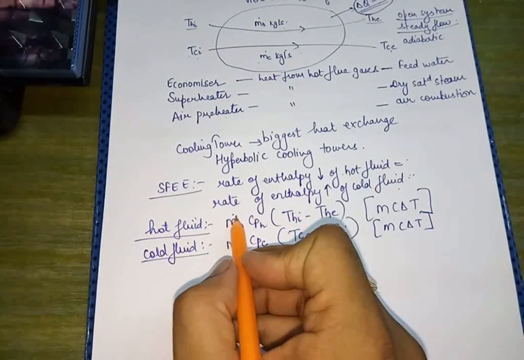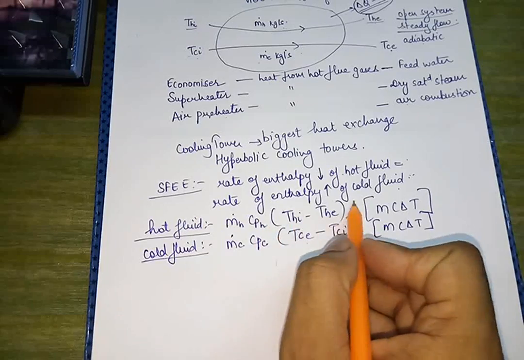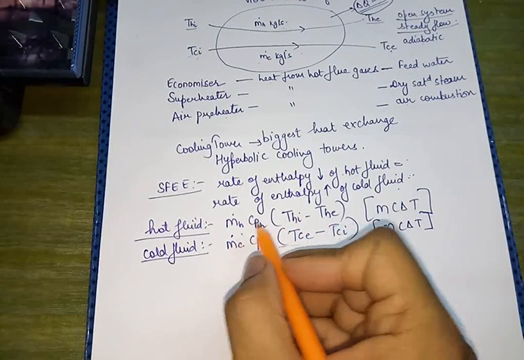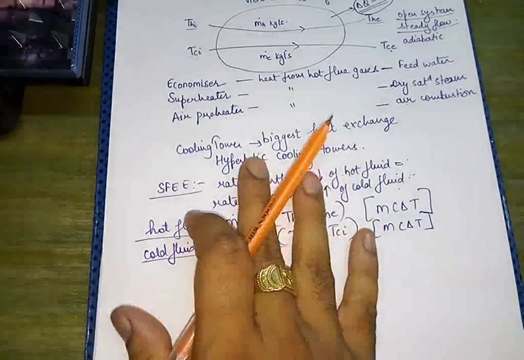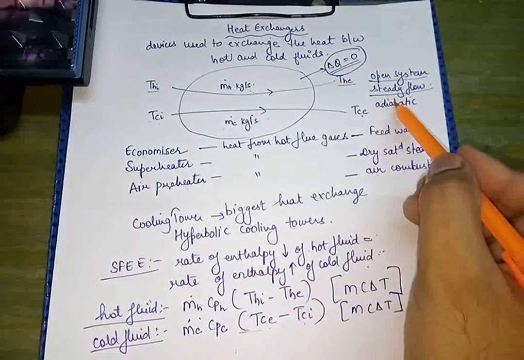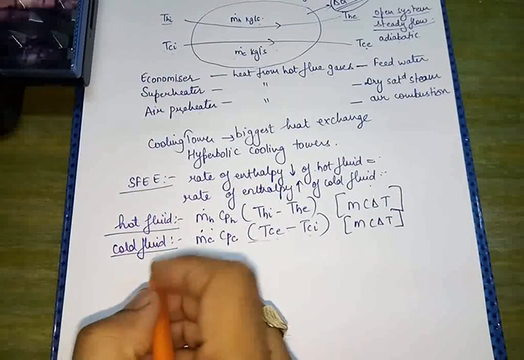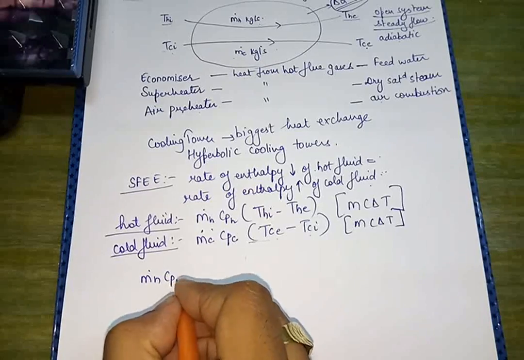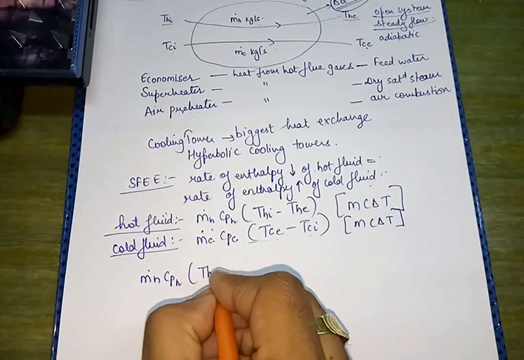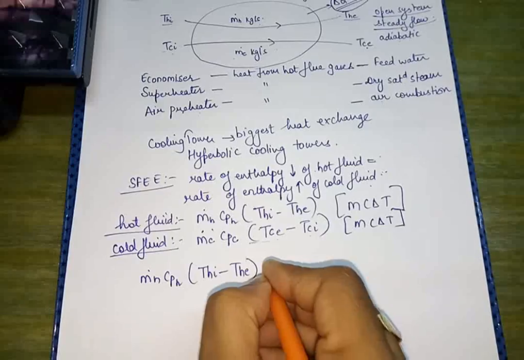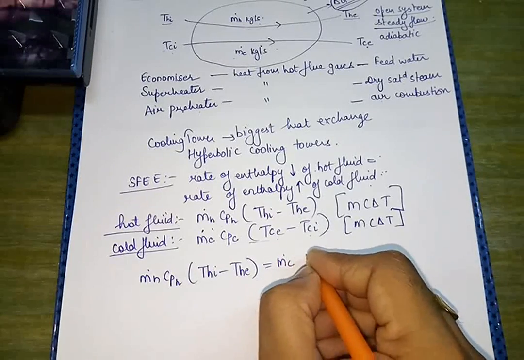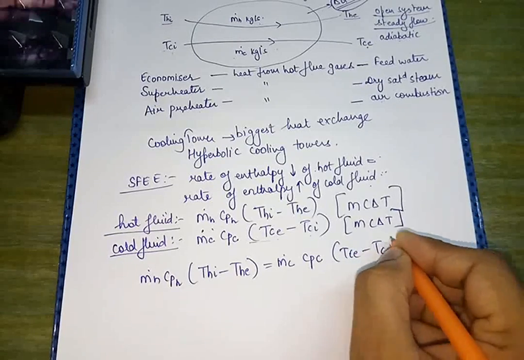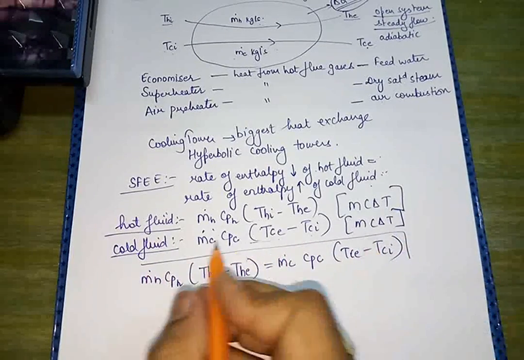Now we know that the amount of heat which is being given by the hot fluid would be equal to the amount of heat which is being taken by the cold fluid, because there is no loss of heat to the surroundings. Here we have already assumed that it is an adiabatic system. Now equating both, m dot h, C_ph, meaning the specific heat of the hot fluid, times T_hi minus T_he, equals m dot c, C_pc, times T_ce minus T_ci.